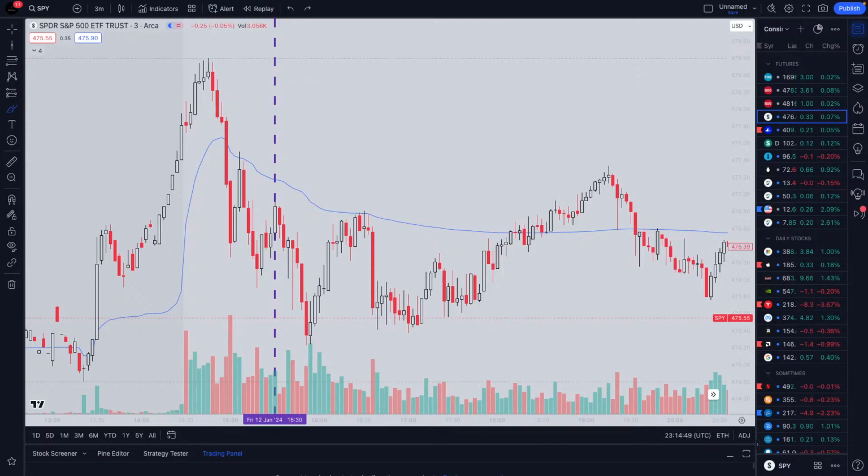Is anybody familiar with the name Anna Coulling? She's a famous writer of the book Volume Price Analysis, a very famous book for volume, specifically VPA. In her book, she states that volume is the only leading indicator that, when combined with price, is going to truly reveal the direction of the market.